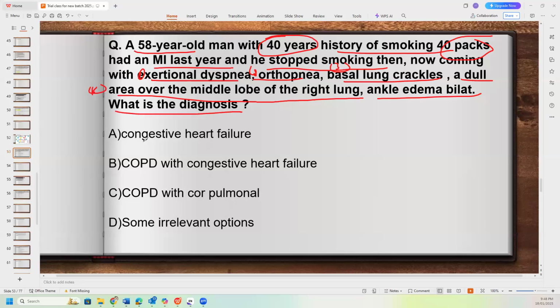What is your diagnosis? Congestive heart failure, chronic obstructive pulmonary disease with congestive heart failure, chronic obstructive pulmonary disease with cor pulmonale, and irrelevant options.